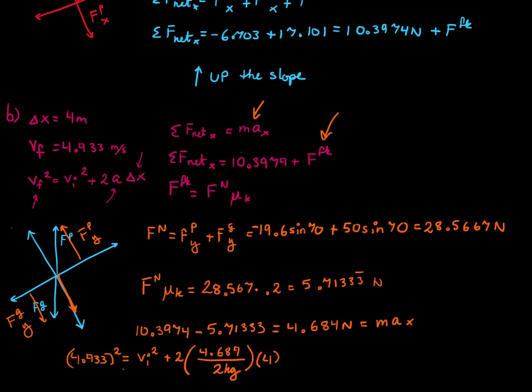You shift those things around and you get that the initial velocity is 0.95667 meters per second, or about 1 meter per second. And that's the answer to part B. Thanks for watching.